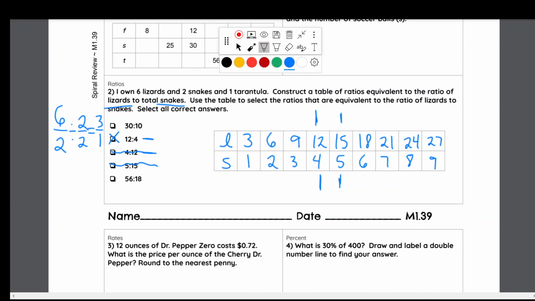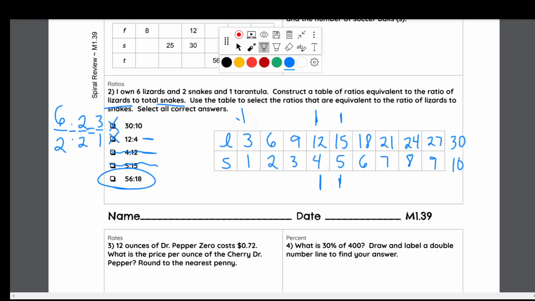Now these last two I'm going to have to extend my table a little bit to check them out. So I'll add 3 more, 30, and I'll add 1 more, 10. So I have a ratio of 30 lizards to 10 snakes. Looking at 56, I can continue my table out a long ways, or I can take a quick moment and check something here, 56 to 18.